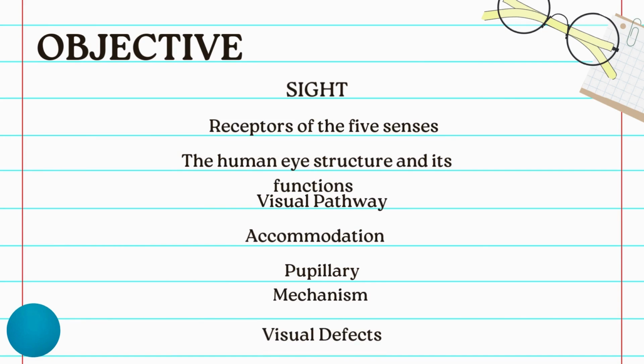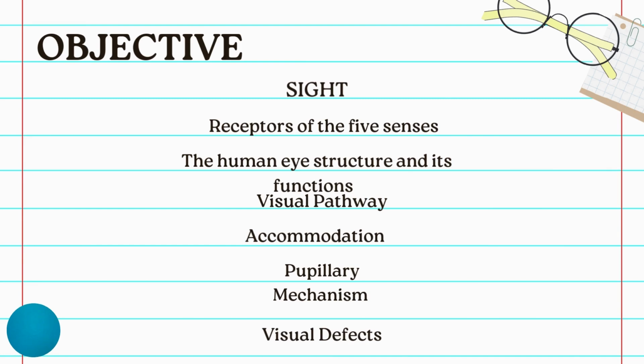Today we are going to be looking at sight. So this is part 2 of your nervous system. Part 1 we talked about the parts of the brain, the functions, the different lobes and all of that. We talked about neurons and nerves.